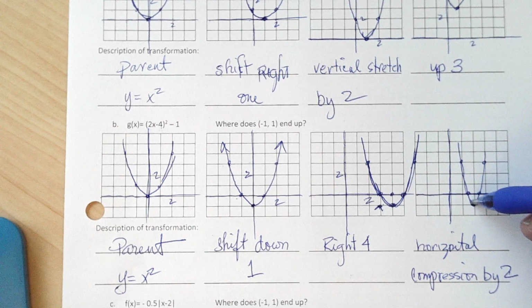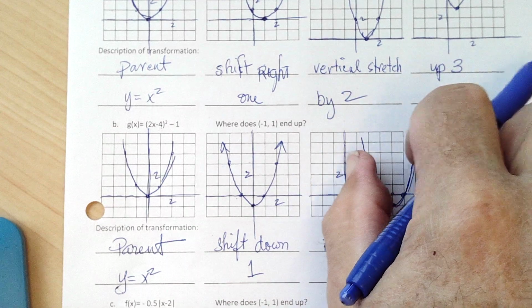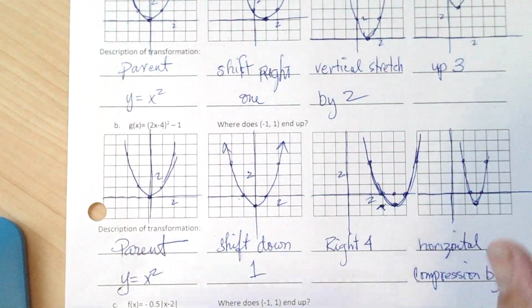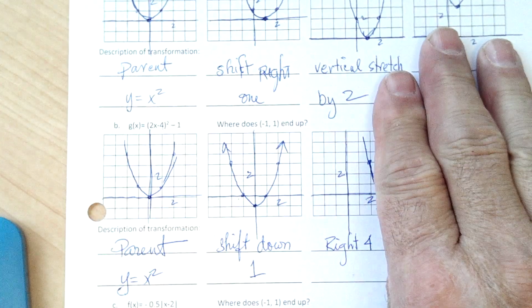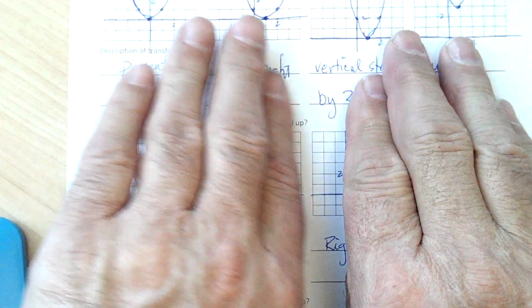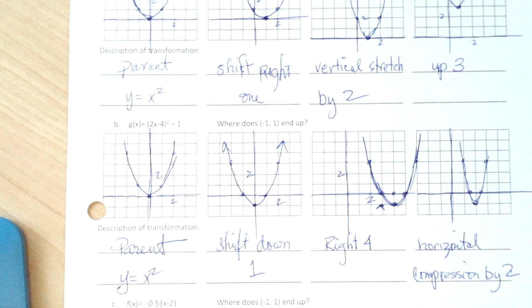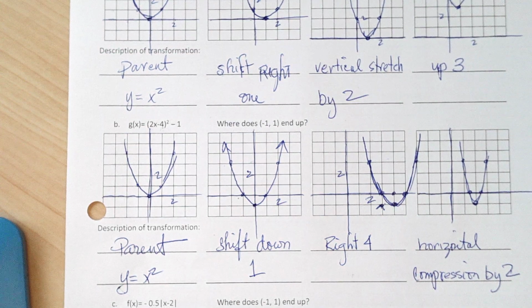So the compression is not around the axis of the parabola. The left side of the grid goes closer, and the right side gets closer, they squeeze in towards the y-axis.